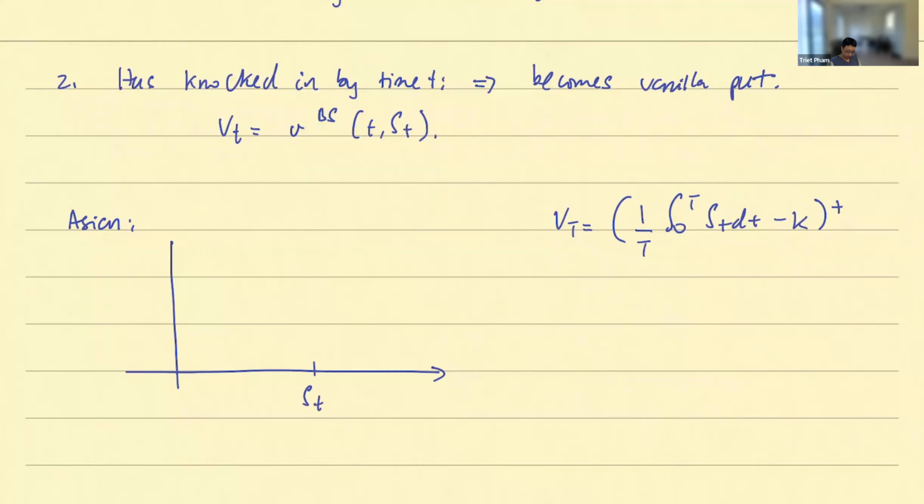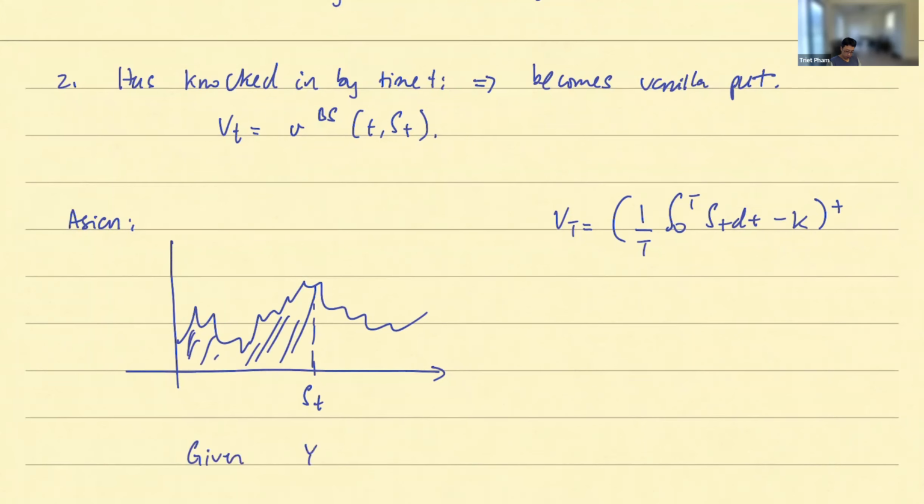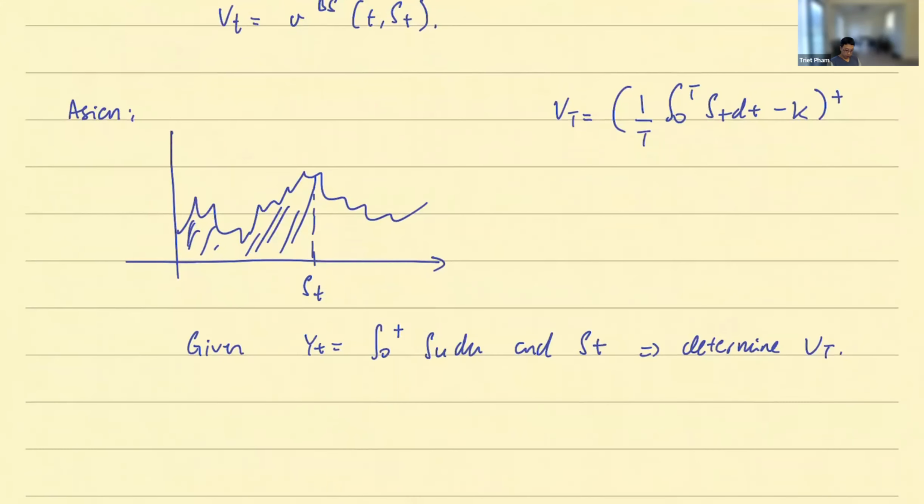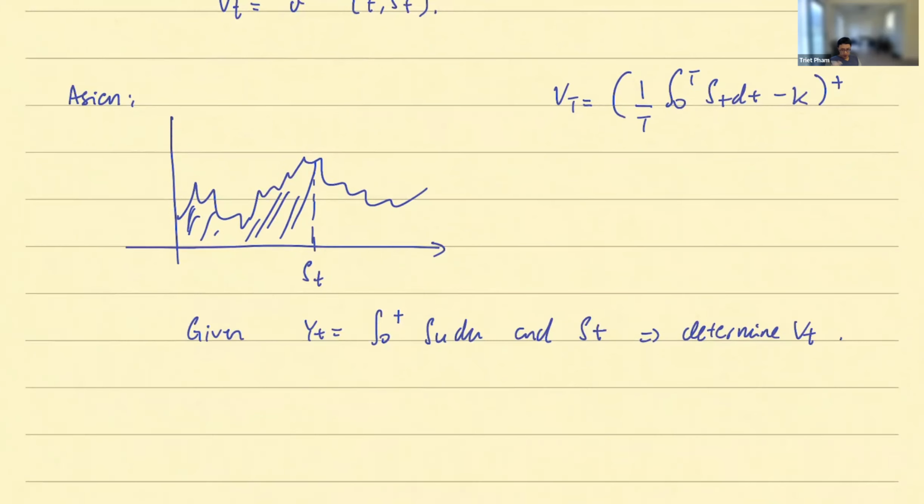I claim that if you are given the area under the curve, then you can determine VT. Well, or let's say determine V little t, maybe that's more precise. So first of all, let's ask several questions.